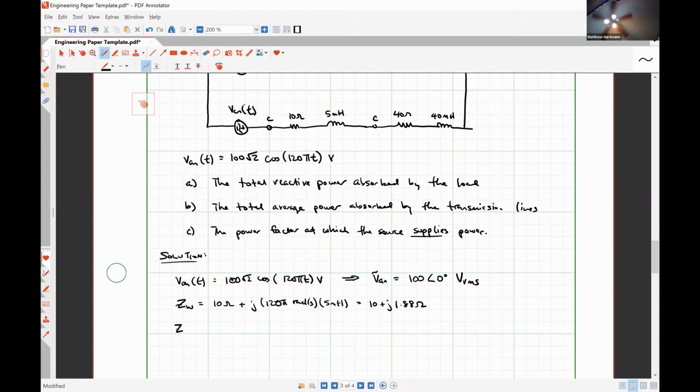And the impedance of our load, which I'll call Z_Y, is 40 plus j 120 pi times 40 millihenries, which is 40 plus j15.08.